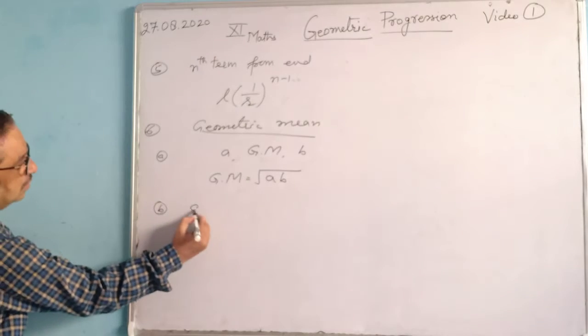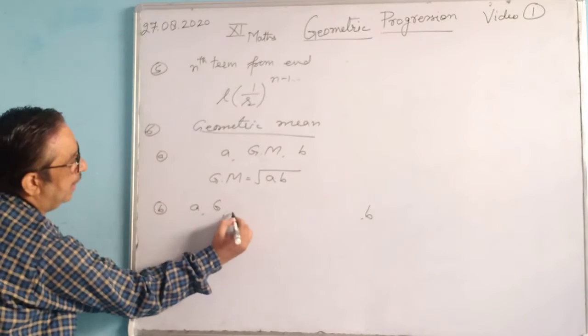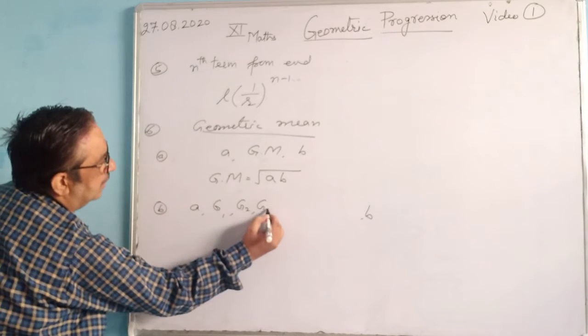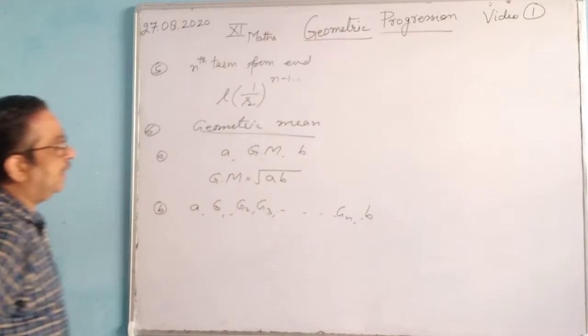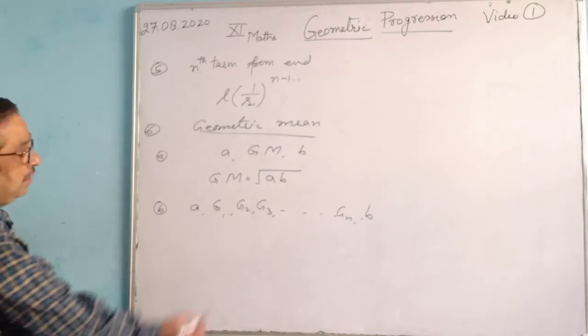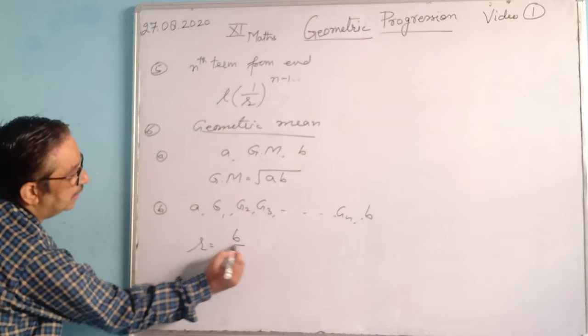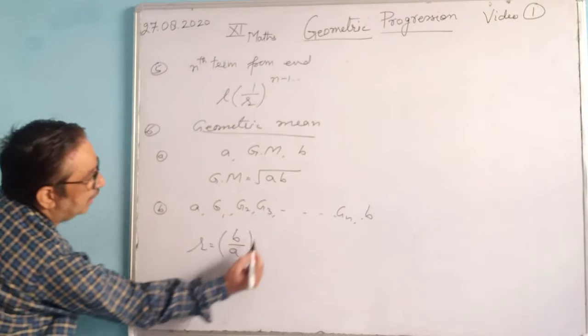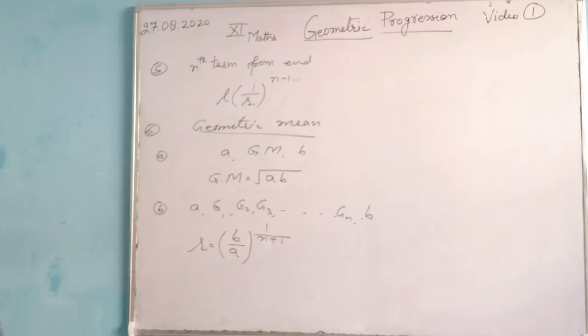Next case, if a and b are given numbers and n geometric means are inserted between these, then find the method of G. First of all, calculate the value of r. r is b upon a raised to the power of 1 upon n plus 1.